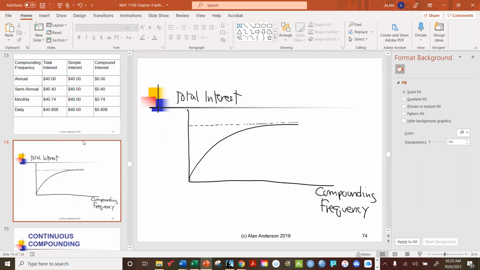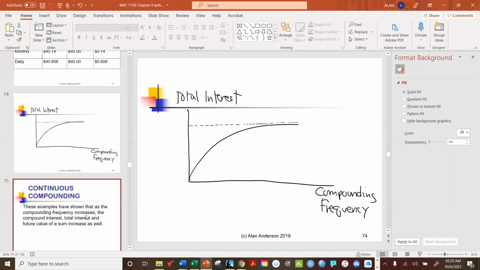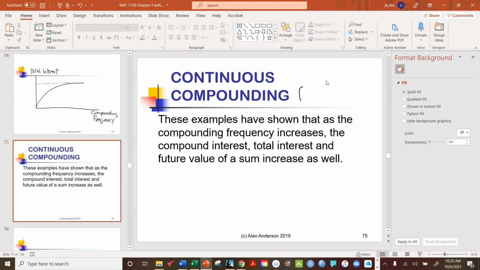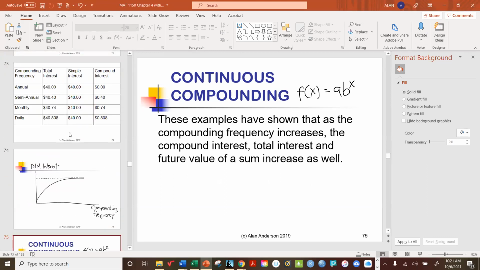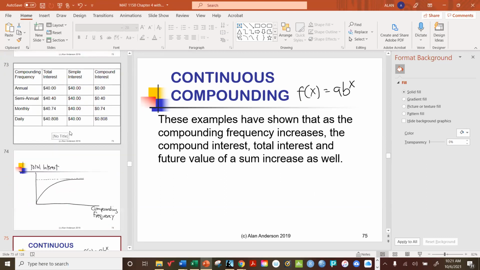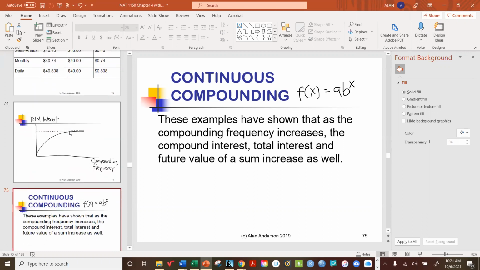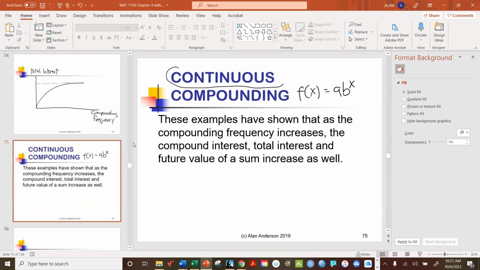Now, remember what exponential growth looks like. We were shown earlier that this is what we mean by exponential growth. So if we allow ourselves to assume that interest is compounded at every instant in time, we have a special case, the limiting case of how much interest we can earn on our account, which we'll call continuous compounding. So this is the theoretical limit to how far interest can grow.